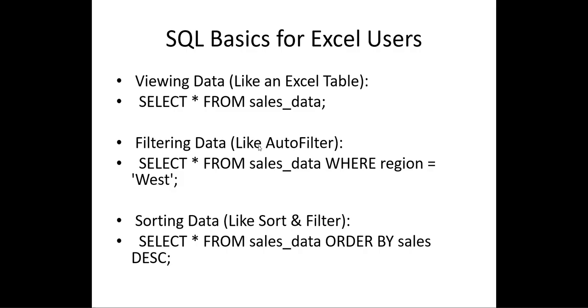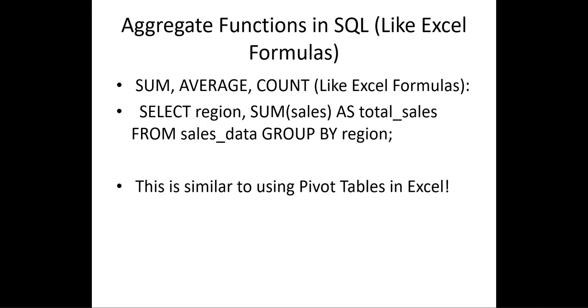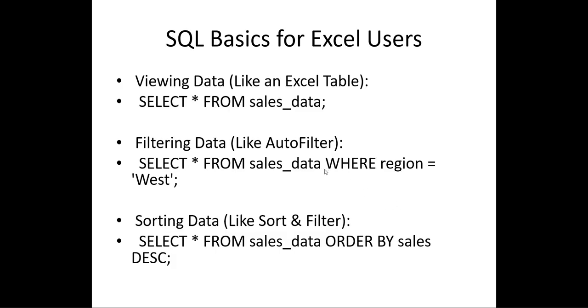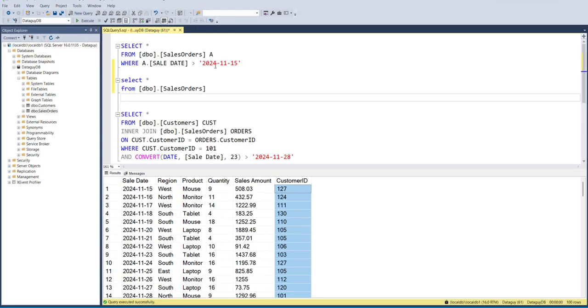Then filtering data. This is where the filter is done by the WHERE clause. In this particular example, the query I have written is select all from my sales order where the sale date is greater than November 15, 2024.